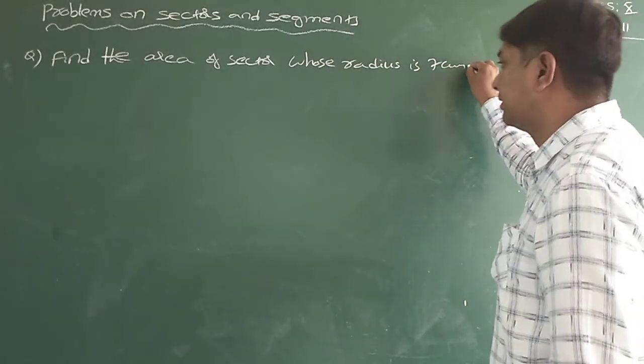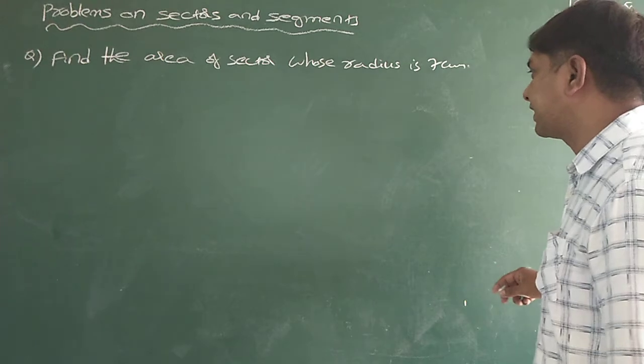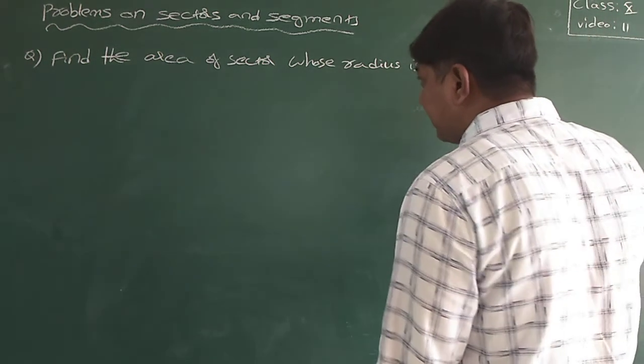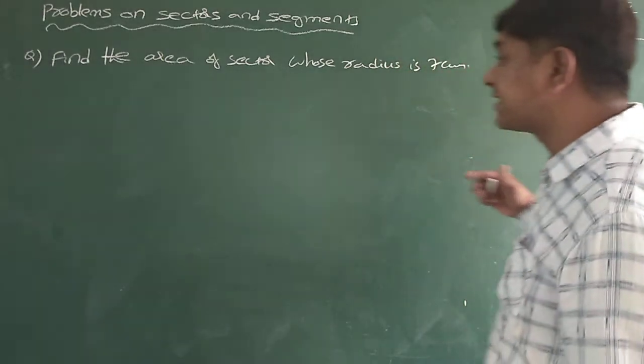Okay. Find the area of the sector whose radius is 7 centimeters and the arc subtends an angle of 60 degrees.